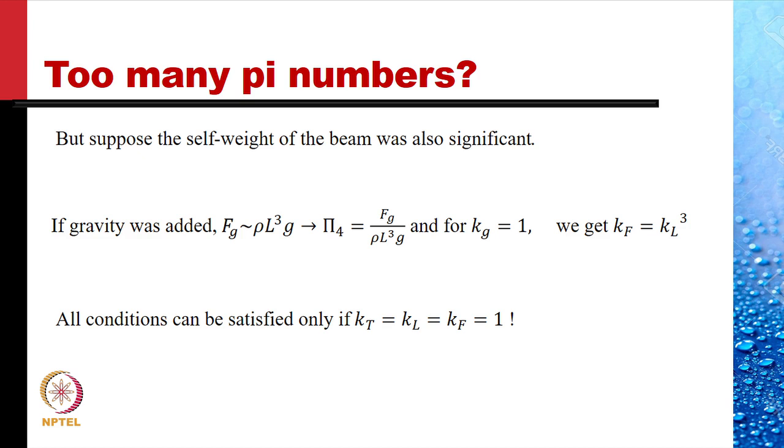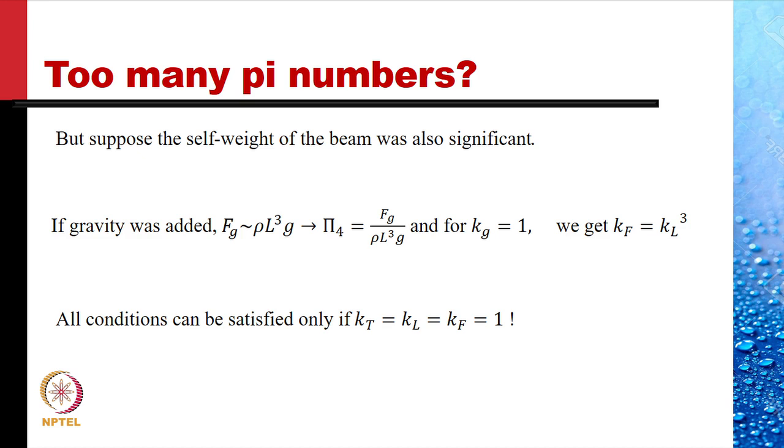And for Kg is equal to 1, we work on earth environment, we get Kf is equal to Kl cubed. Now these conditions can all be satisfied only if Kt is equal to Kl is equal to Kf. All three are equal. It does not give us any freedom to do the experiments.